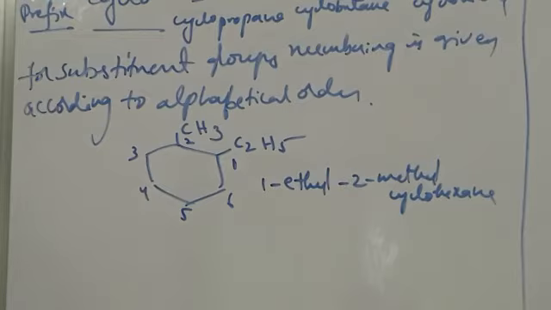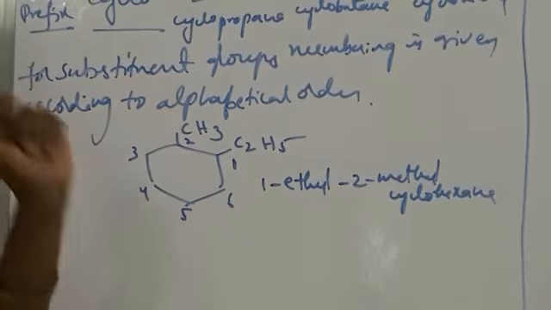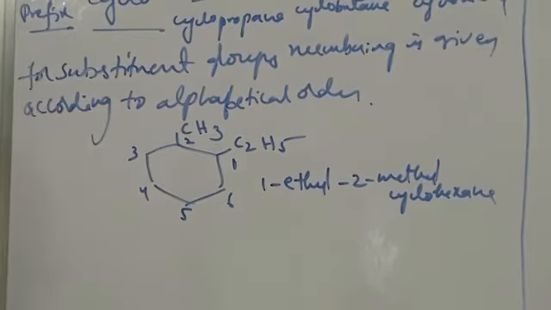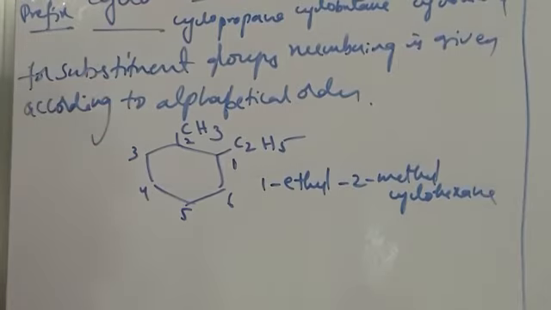So listen carefully. If the ring contains more or equal carbon atoms, the ring is the main base and the side chain is the substituent. If it contains fewer carbon atoms than the substituent chain, then that ring itself is a substituent.